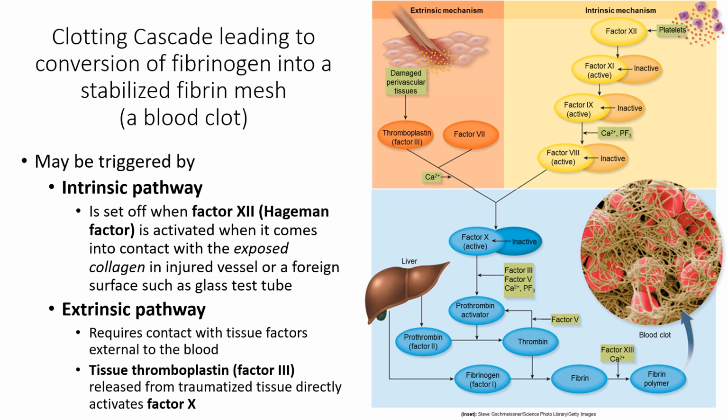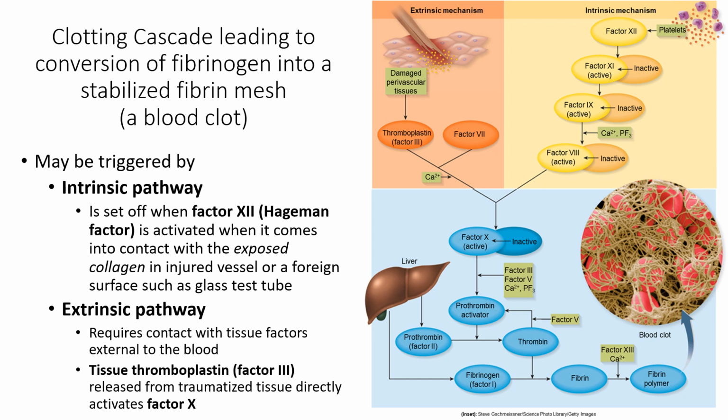So the extrinsic mechanism and the intrinsic mechanism ultimately are going to result in the activation of fibrin from fibrinogen. This clotting cascade that results in the activation of fibrin to produce this blood clot can be triggered by either the intrinsic pathway or the extrinsic pathway.